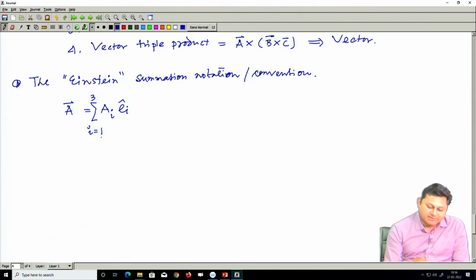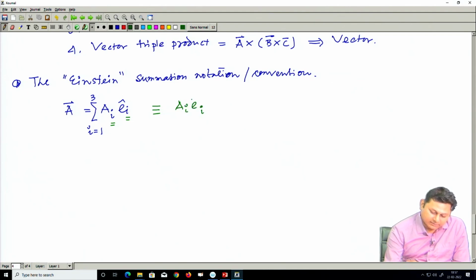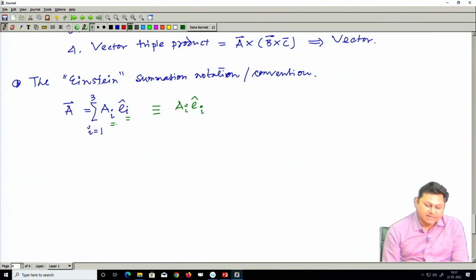Whenever we have a summation sign, and if we have an index that is repeated, for example here we have i and here also we have e_i, we can remove this summation sign. So, I can simply write A_i e_i vector.